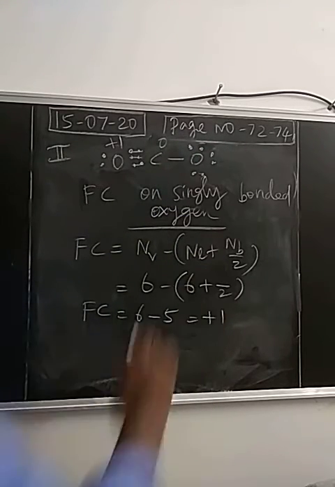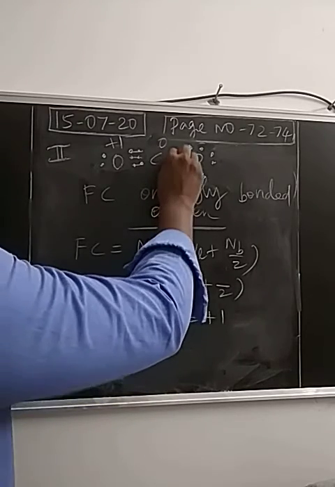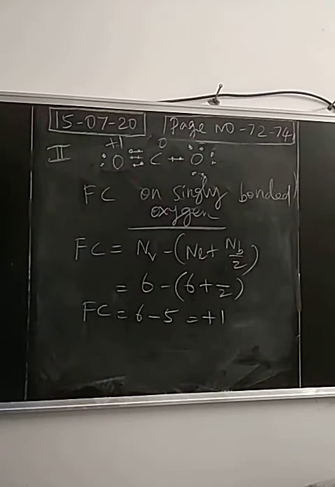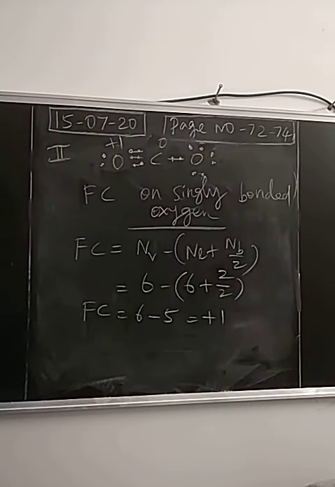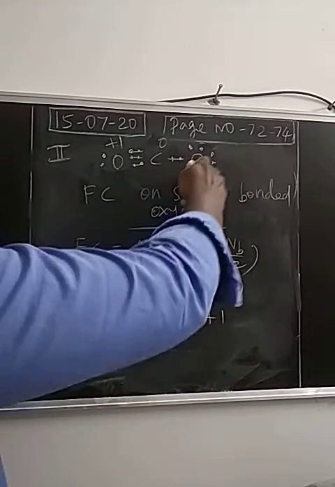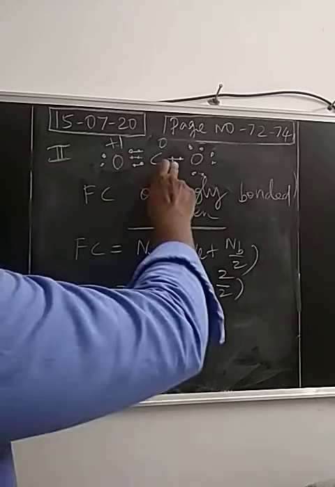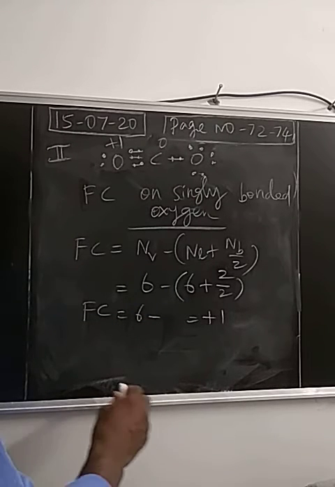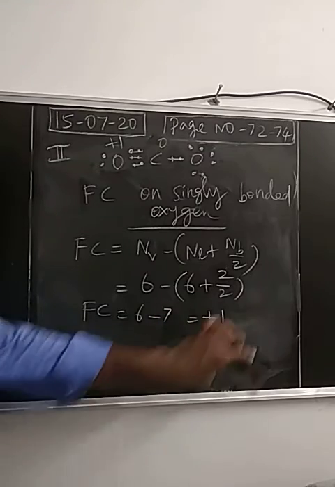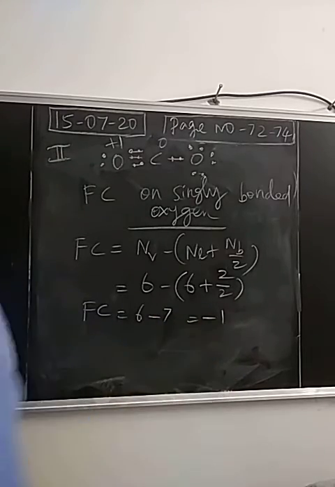How much bonded pair? Only 1 bonded pair, so 2 electrons present as bonded pair of electrons. So 6 electrons as lone pair, 2 electrons as one bonded pair. So formal charge 6 minus 7, which is minus 1.